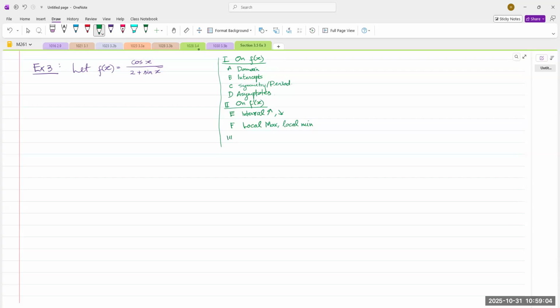After that we go on to the second derivative, the third part, and do analysis on concave up, concave down, and inflection points. Then after that we do the sketch.